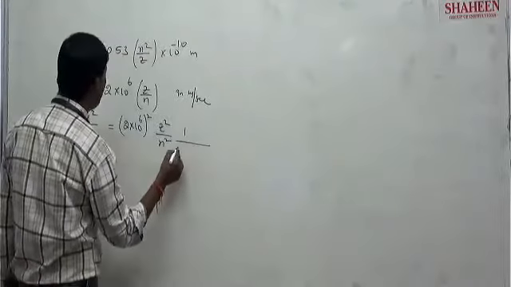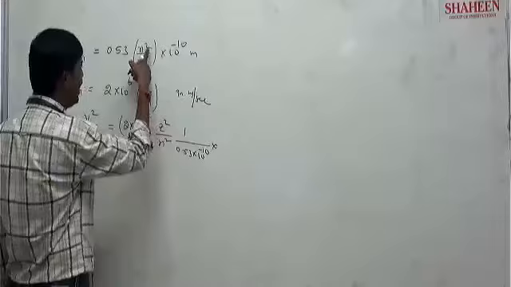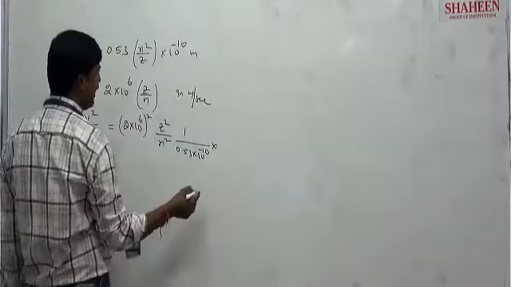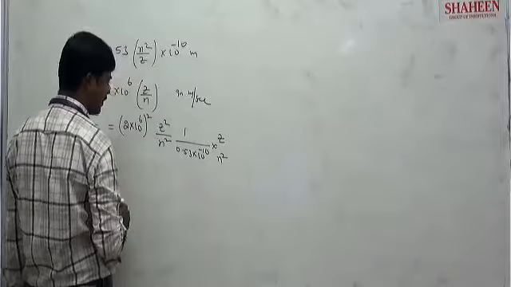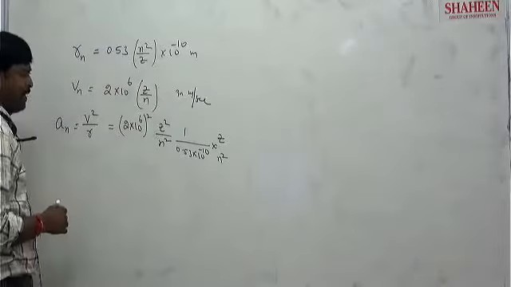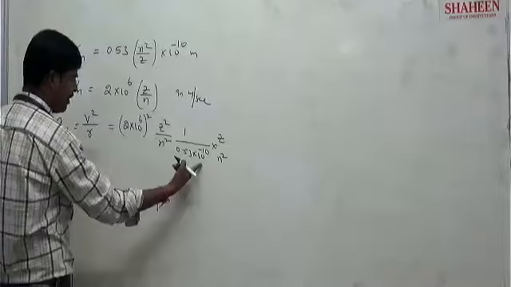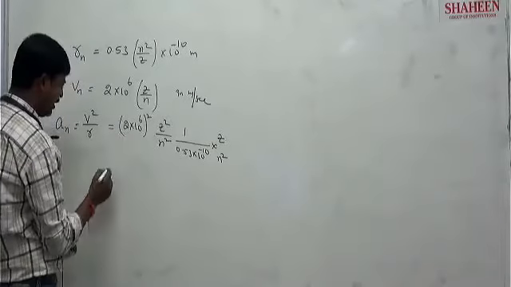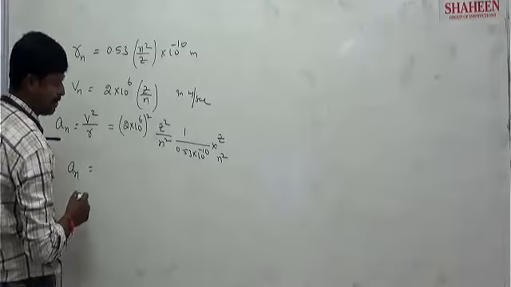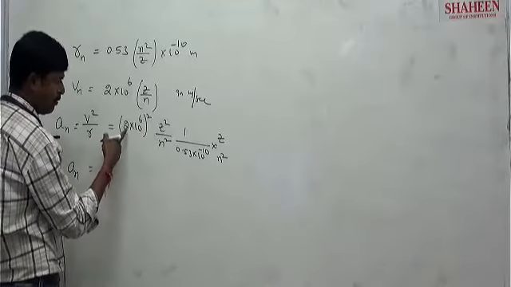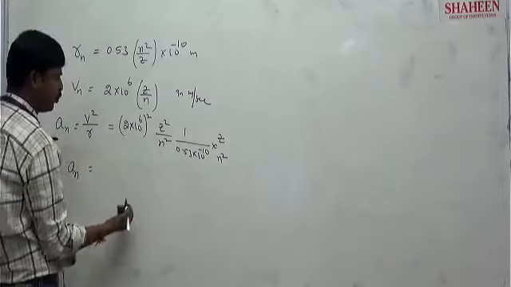1 upon 0.53 into 10 to the power of minus 10 into n square by z. So n square by z means n square in the denominator, z in the numerator. Correct? If you cancel out, 10 power minus plus 12, this is minus 10, it is coming 4. So nearly the acceleration of electron in nth orbit will be 4 by 0.5, nearly 2.